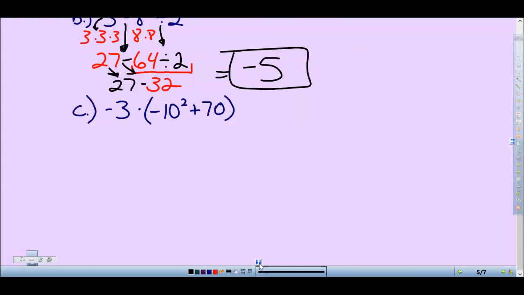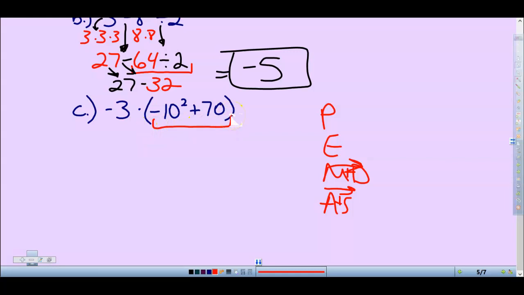Last one here with order of operations. All right. Here, again, order of operations, we've got that PEMDAS algorithm helping us out. So taking a look at that grouping symbol, the parentheses, we're going to look inside the parentheses to figure out what we do first.